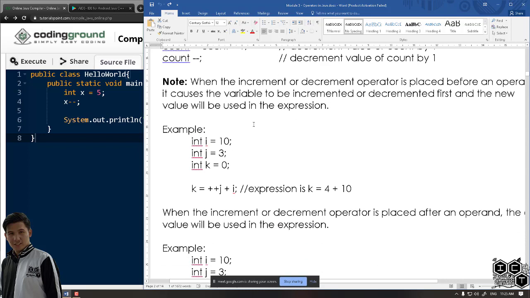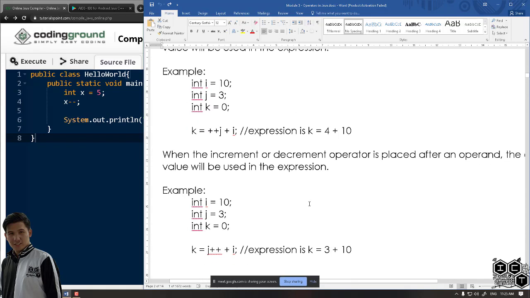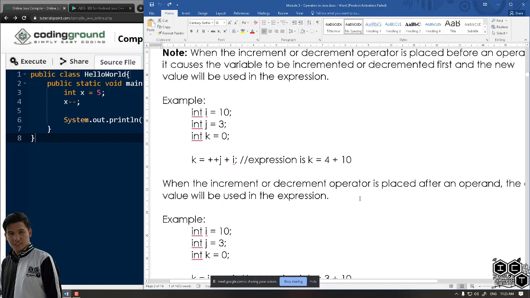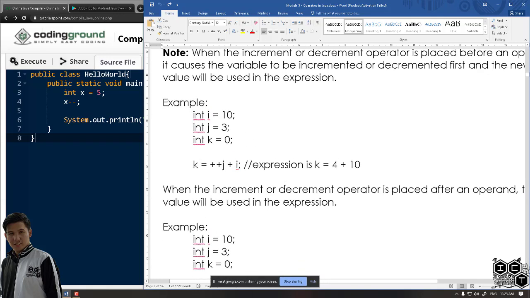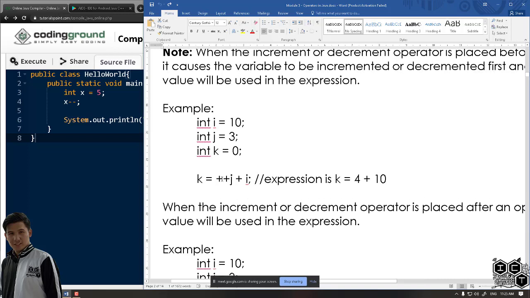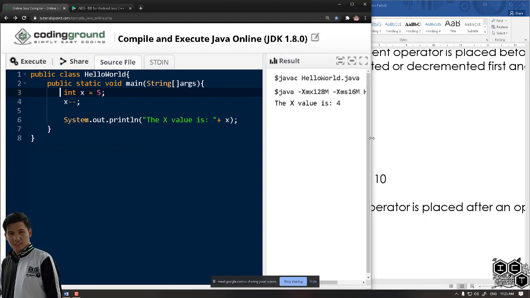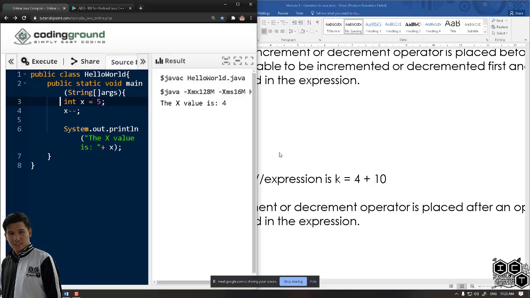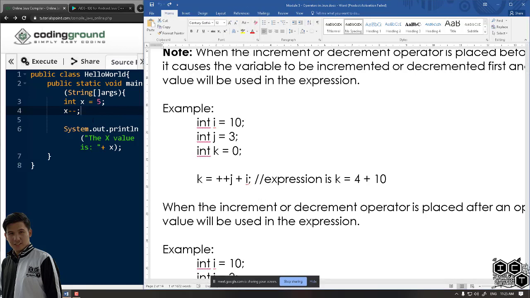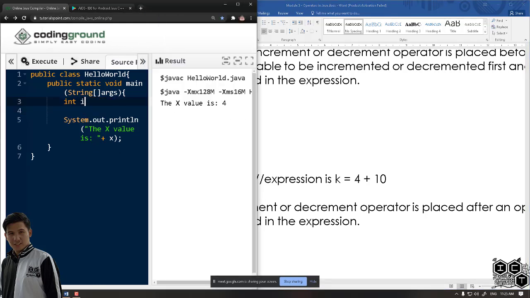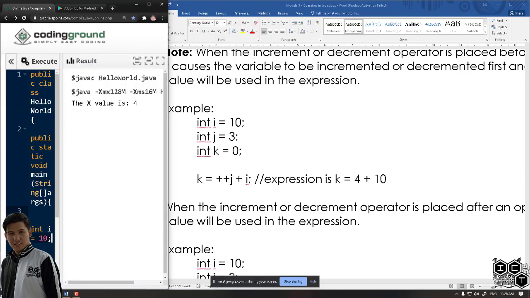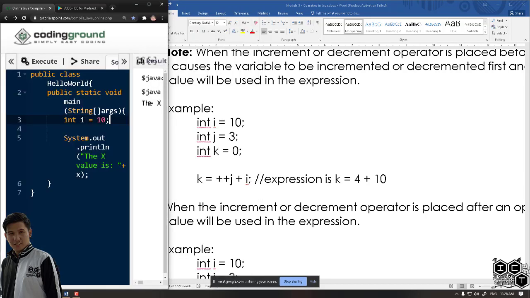Okay. Now, let's try to understand and analyze these following expressions here. According here, meron kang nakikita dyan na k plus plus j plus I semicolon. Let's try to convert that into Java expression. So, int I is equal to 10. And int j is equal to 3.